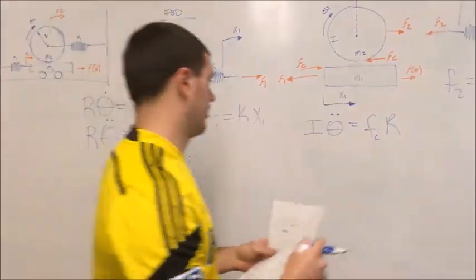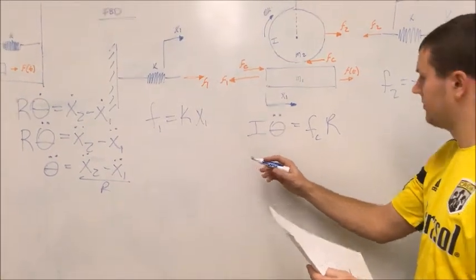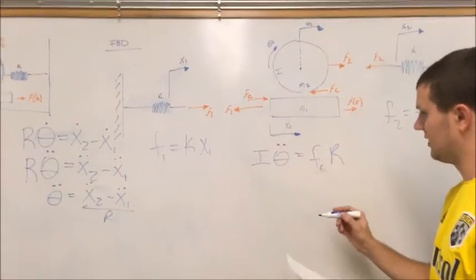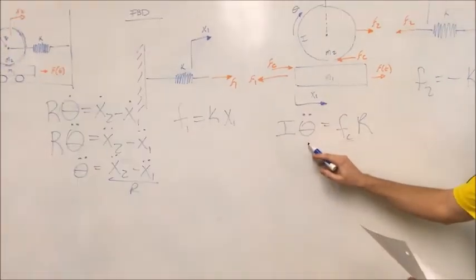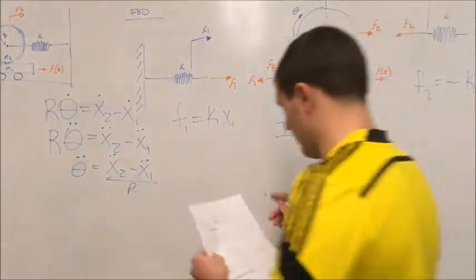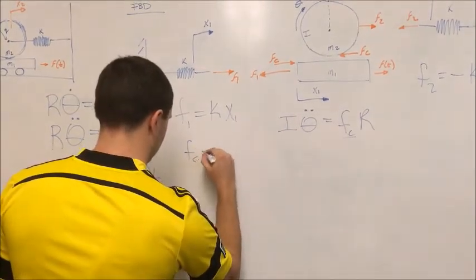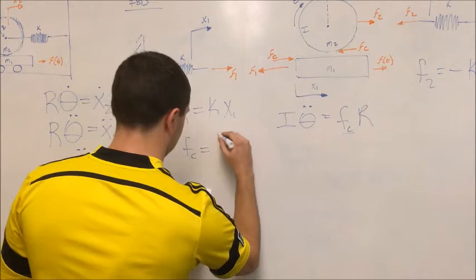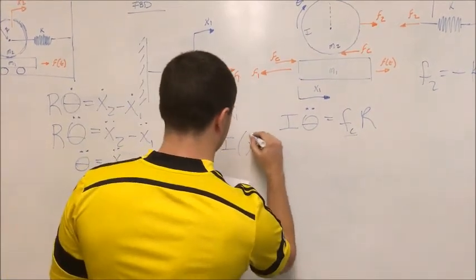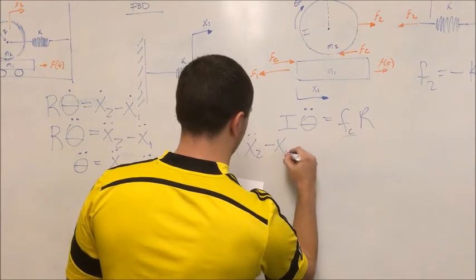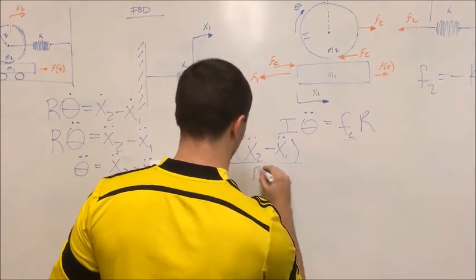So coming back over here, I'll probably write it in this space right here. We want to solve for FC, and plugging that expression in, we have FC equals I times x2 minus x1 double dot for both those over r squared.